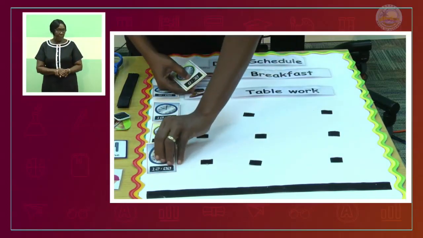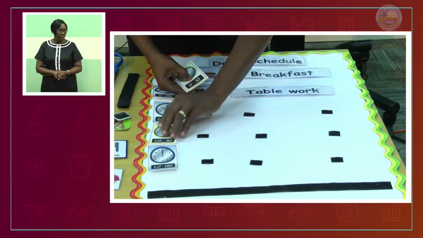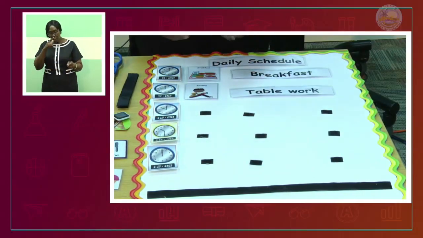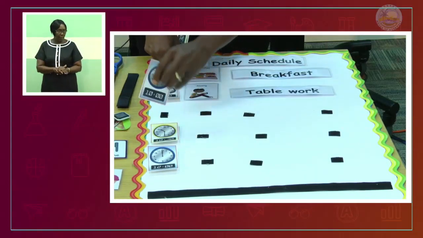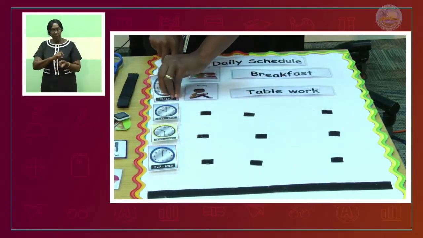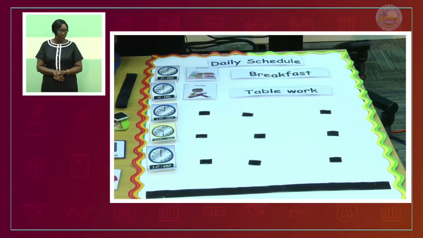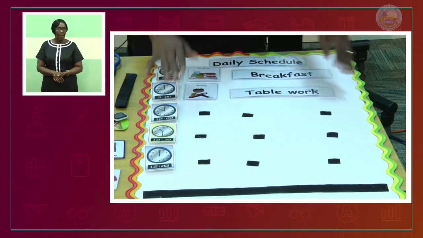These can change as well. So if on a given day you would like to change your lunch time and maybe change it to 1 o'clock, you can do that, right? All of these can be removed and it's flexible, so even the child is able to do it for themselves, right? And it really takes all that stress off the parents.